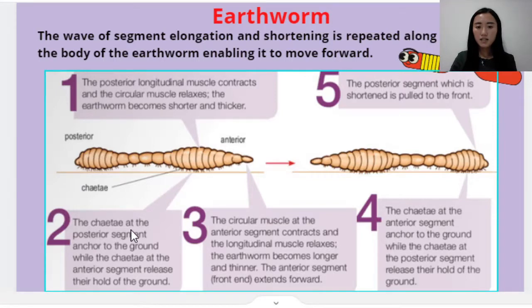And the chaetae of the posterior segment anchor to the ground, while the chaetae at the anterior segment release their hold off the ground. The circular muscle at the anterior segment contracts and the longitudinal muscle relaxes. The earthworm becomes longer and thinner.